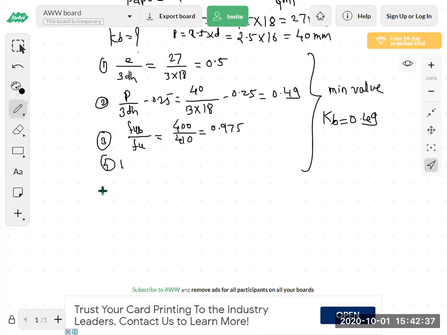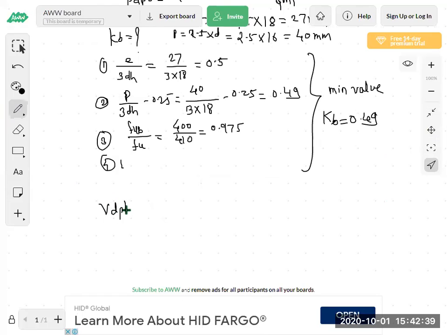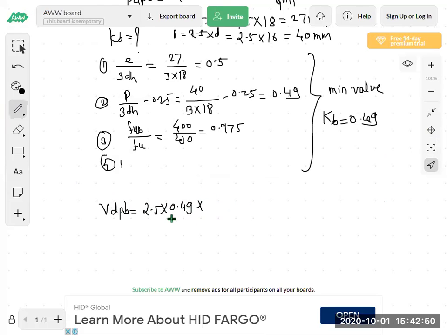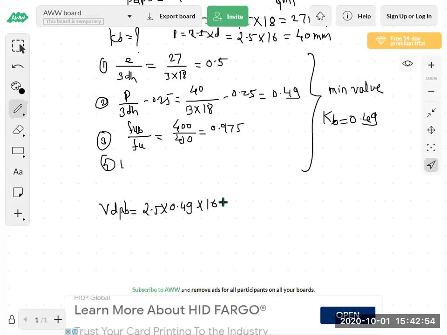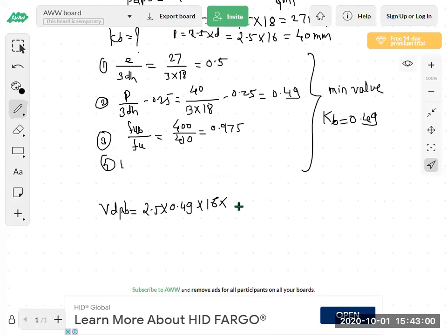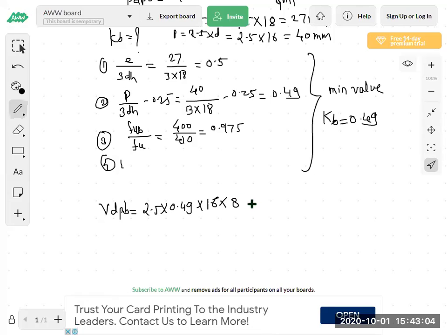Okay. Now calculate VDPB is equal to 2.5 into 0.49 into d, diameter 16 mm, into t, thickness. We have to design batten, so we have to take the thickness of batten. I think 8 mm, no?